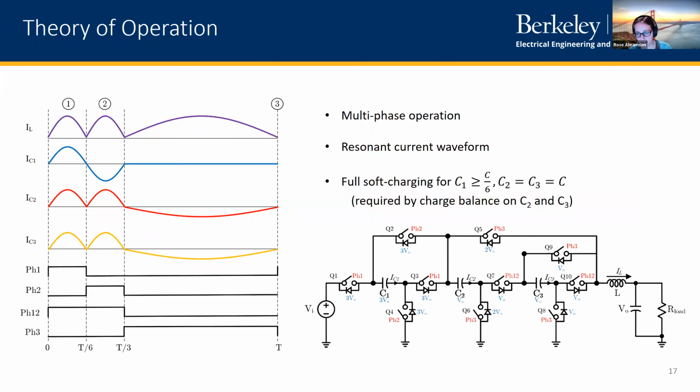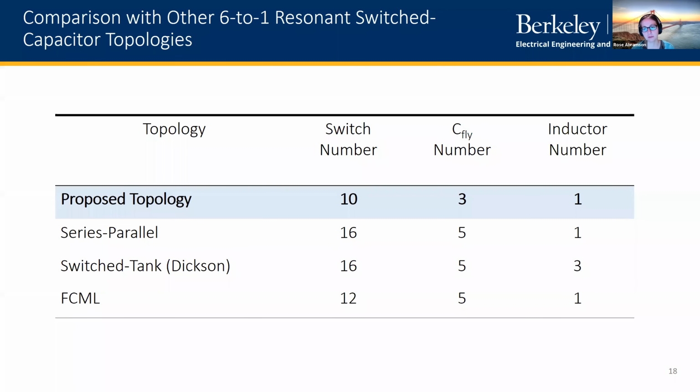Sorry for switching slides, but the reason that they're flying capacitors is essentially they don't have any node that's grounded. C1, C2, and C3 can be reconfigured by all of the switching gating signals to hold different voltages, but they're not directly connected to ground. So if we look at this proposed topology, we have 10 switches and 3 flying capacitors, and then of course we have the 1 inductor at the output.